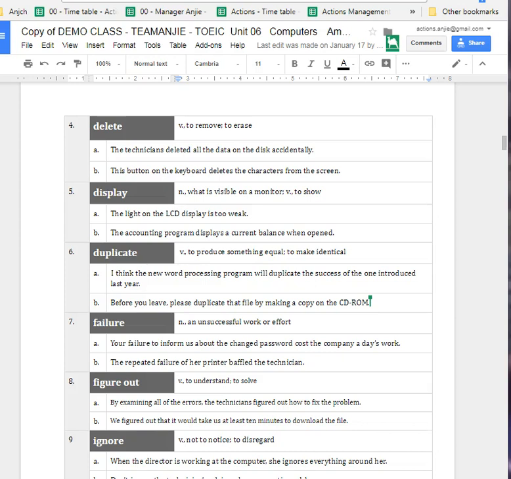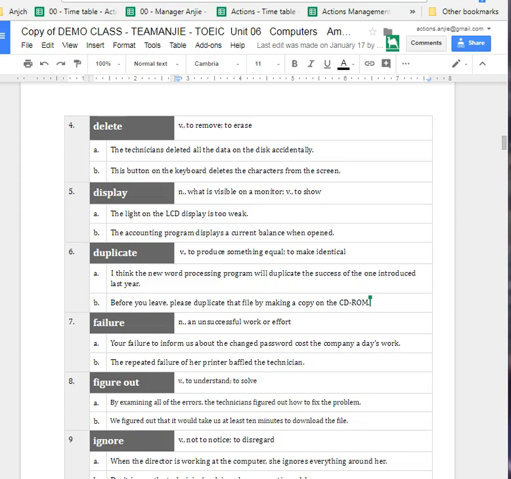Next is failure. Failure, noun, an unsuccessful work or effort. An example of it is your failure to inform us about the changed password cost the company a day's work. And another example is the repeated failure of her printer baffled the technician. Do you know the meaning of baffled, Sandy?